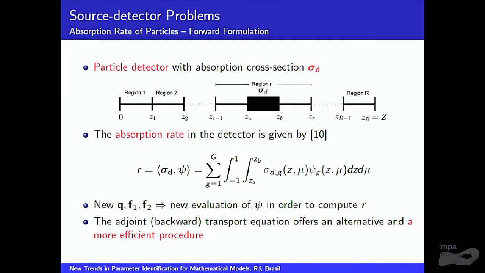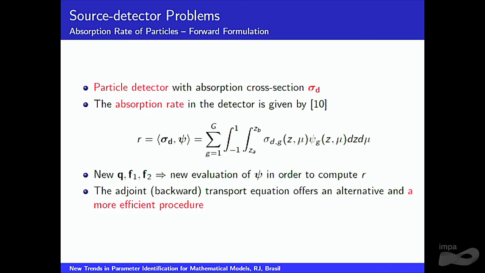And in this case, the same kind of boundary conditions I mentioned before. A multi-layer slab, where I then place the detector in some region. We have to rederive that expression for the absorption rate in terms of the energy dependence, and we are going to use the same procedure we did before.